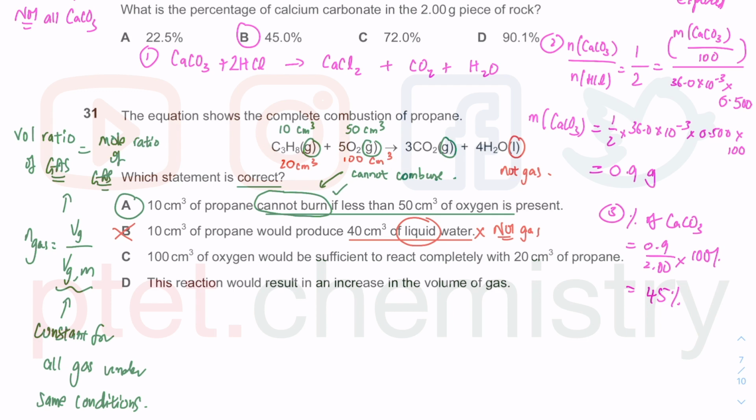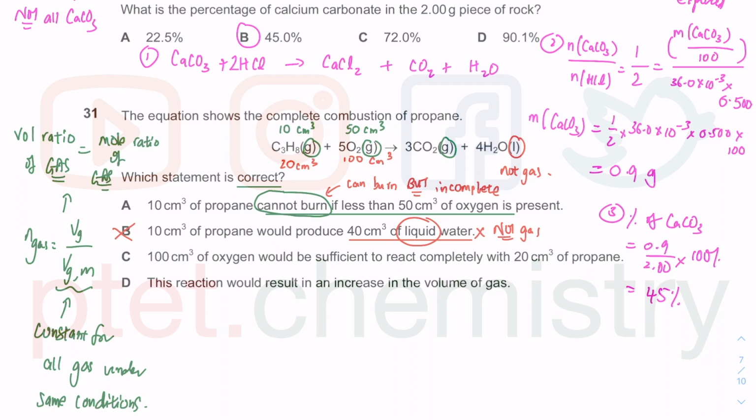Oh no, A cannot be the answer, because I just realized something. They say that A says cannot burn, right? Cannot burn. It can burn, but incomplete. Basically, it doesn't follow this equation, which forms carbon dioxide and water.